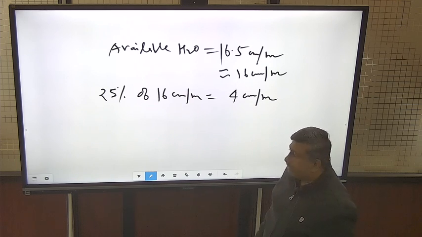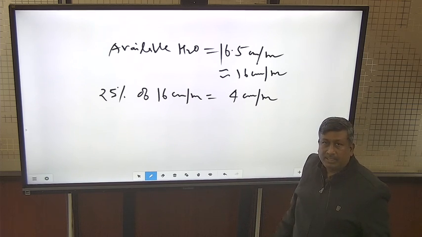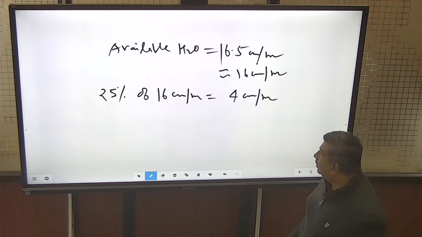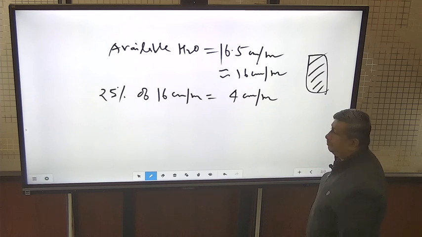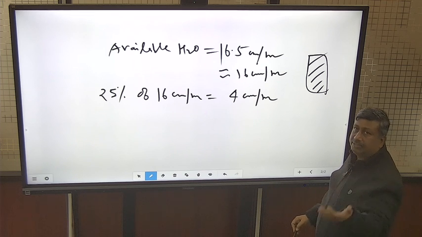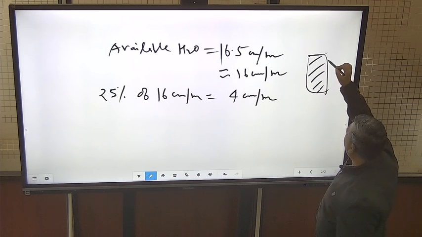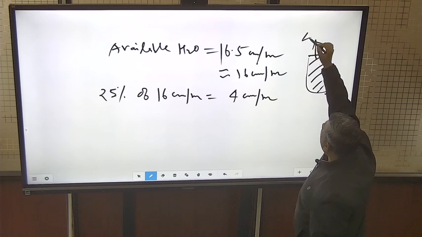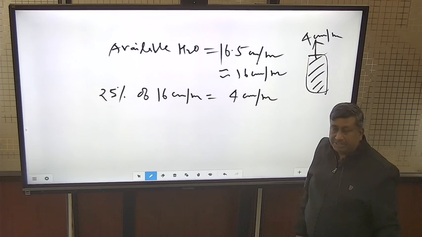This means when there is a deficiency of 4 centimeter water, then we have to apply irrigation. After irrigation, it reaches up to field capacity, and when there is again a loss of 4 centimeter water per meter depth, then we have to give irrigation.